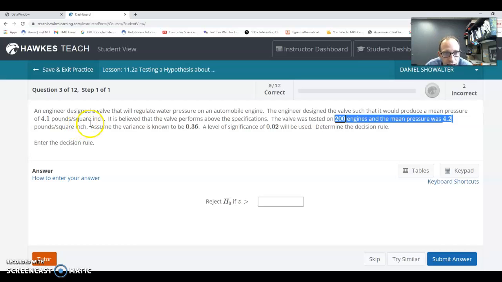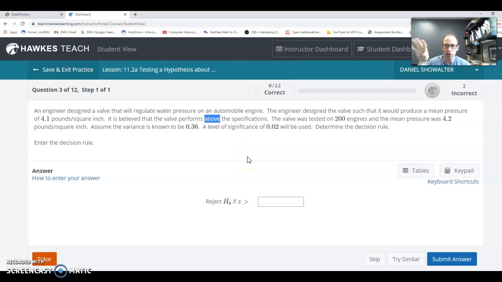The next thing to look at is whether or not it's a one-tail or two-tail test. So in this case, it says it was believed that the valve performs above the specifications. So any directional word like above, less, more than, higher than, greater than, stronger than, these are all one-tailed hypothesis questions. So that's why we don't have an absolute value on the z.